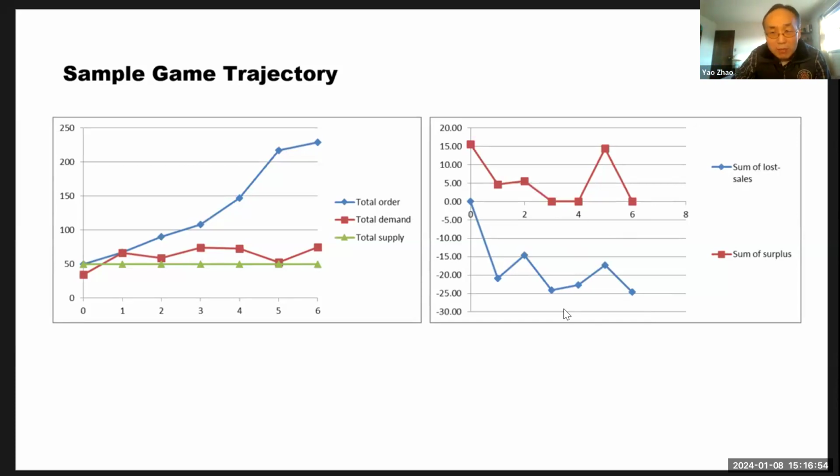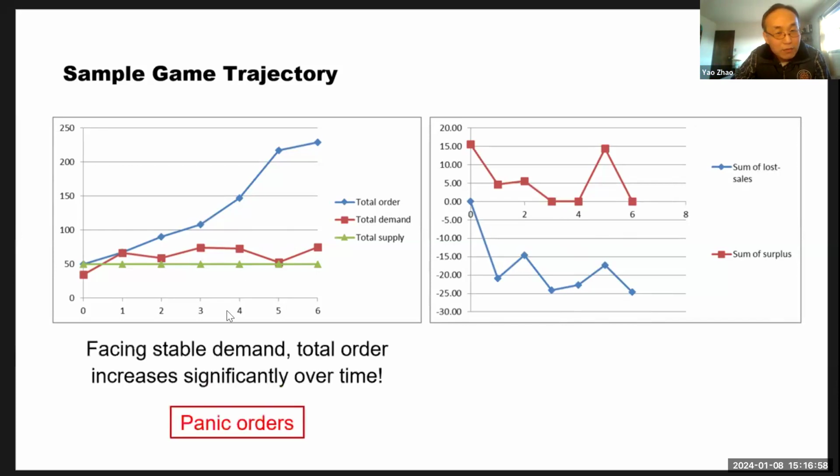So here's an example. On the figure to the left, you can see total supply remains constant. Total demand is stable, but it's random. And total order, which is in blue, increased significantly over time, which is the panic order.